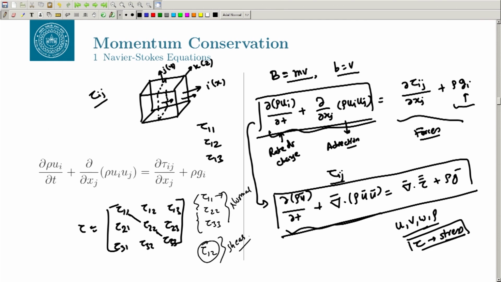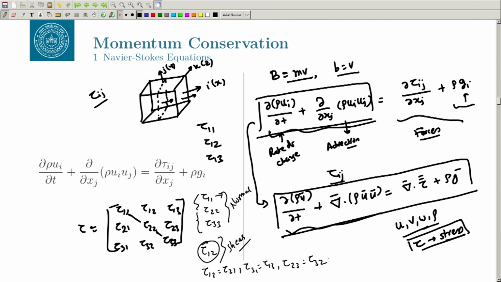All these tau 1 2, tau 2 1, tau 3 1, tau 2 3 and so on and so forth, right. And now, remember tau is a symmetric tensor, that means tau 1 2 will be equal to tau 2 1. Similarly, tau 3 1 equals tau 1 3 and tau 2 3 equals tau 3 2.